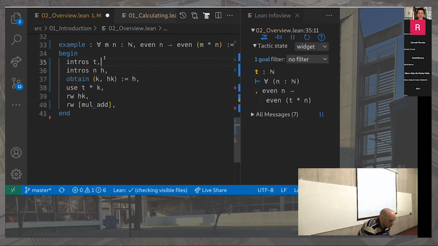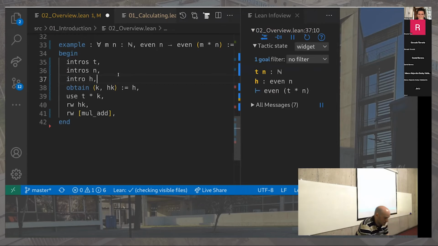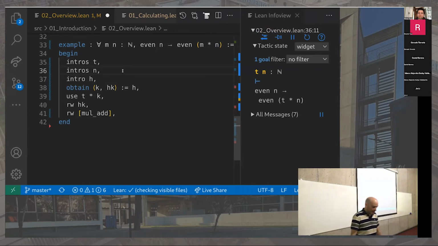If you only introduce T, now the goal is that for all N, even N implies blah, blah, blah. And here now the same thing is just even N implies even T times N. But yes, the order matters, and it's the same order that you have in the statement. Thank you.